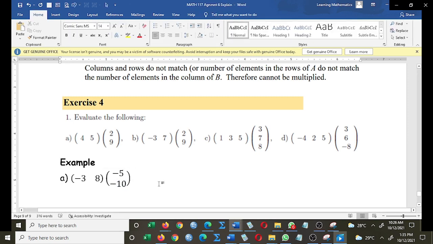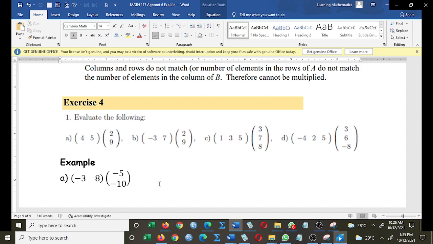Now, it says evaluate the following. That's how it comes in the question. My advice, when you're going to multiply matrices, is that in your initial steps I would encourage you all to do two things, even though the question does not say to do it.